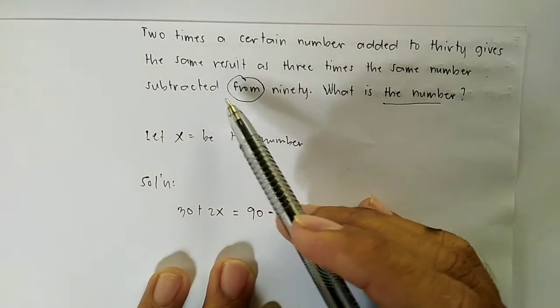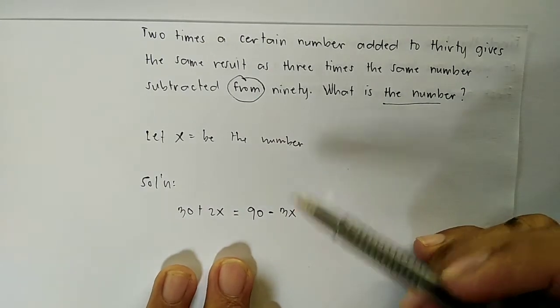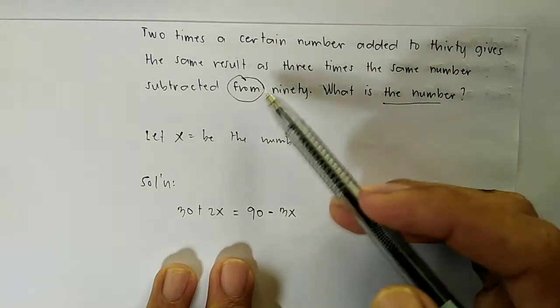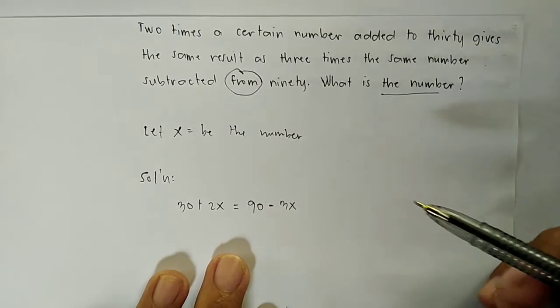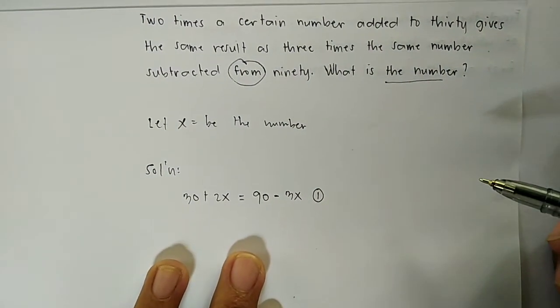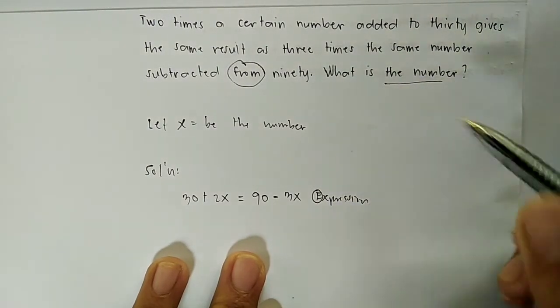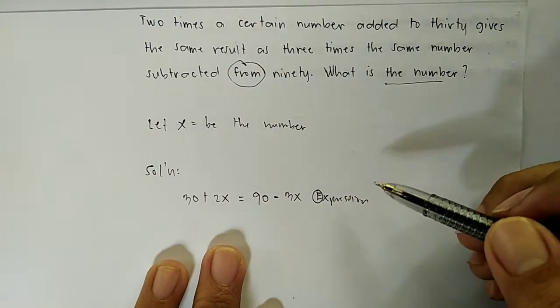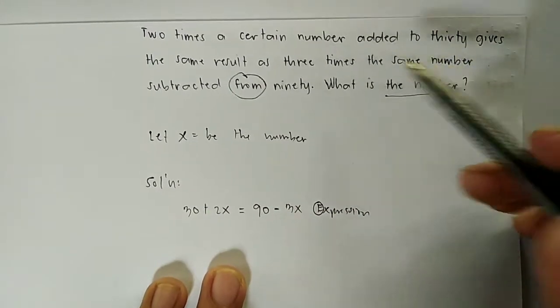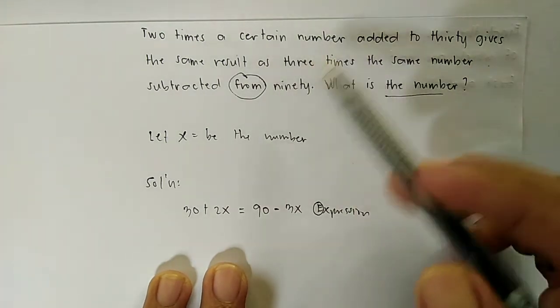It is very different from subtracted to 90 or subtracted with 90. So this is the expression, or the equation, that we obtain based on the statement provided in the problem.